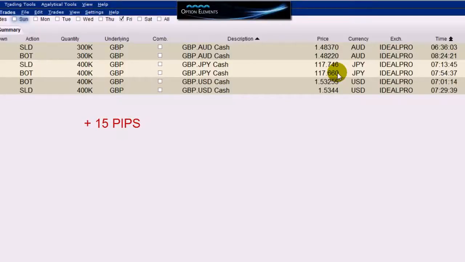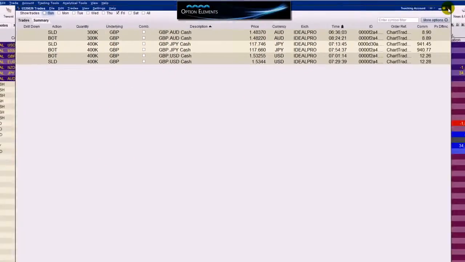Okay, that's, what is that? That's 8 pips. And then our British pound USD. We bought those at 25 and a half and sold them at 34 and almost a half. So that's 9.